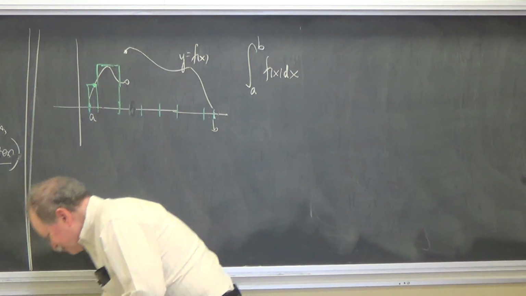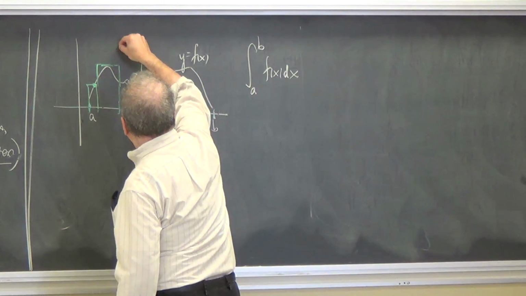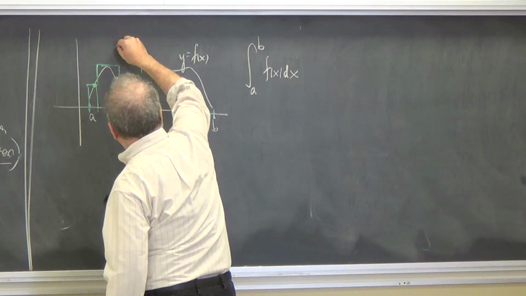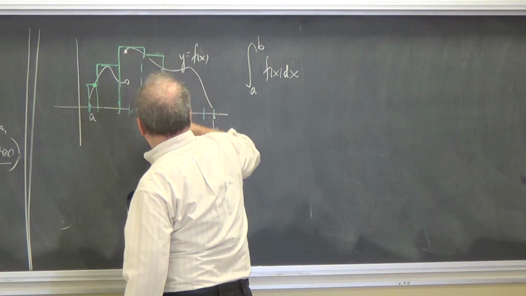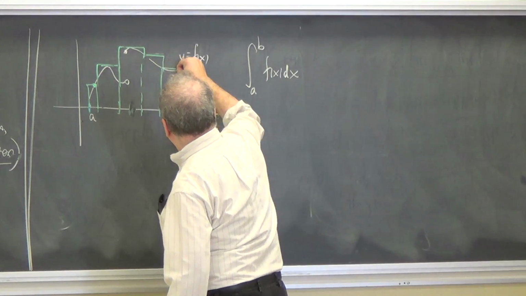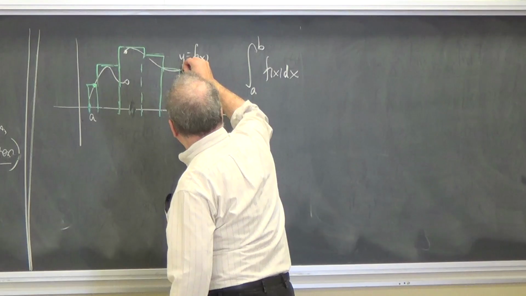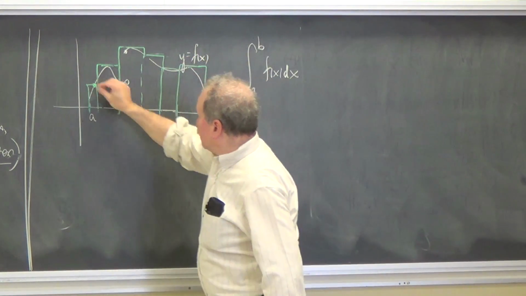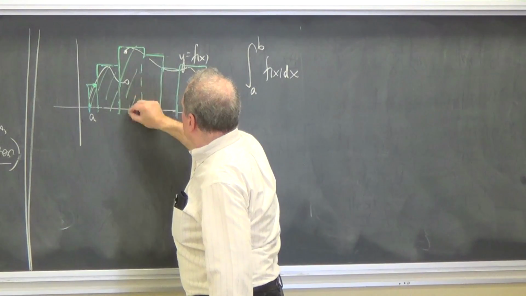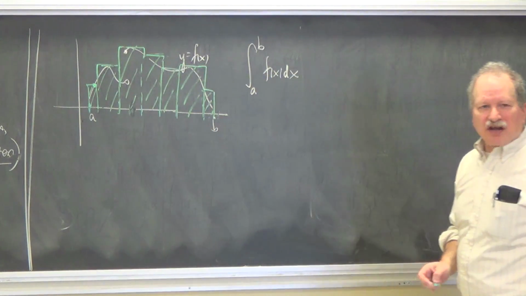And then you would have here, and there, and there. I made too many pieces. And then you would have here. And you would add up these areas. And that would obviously be an upper estimate on what you're trying to compute.